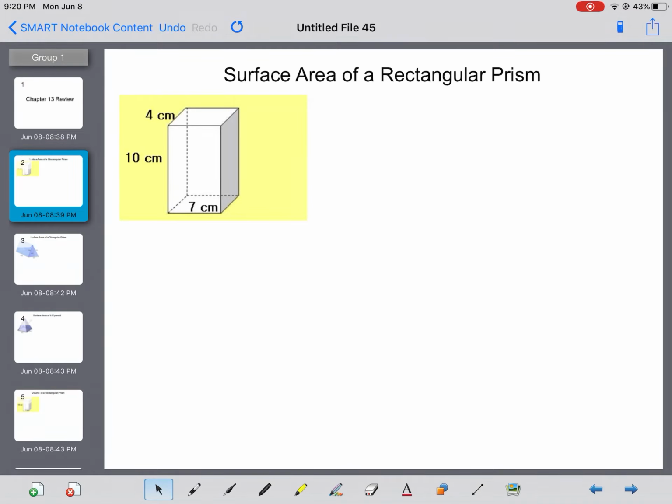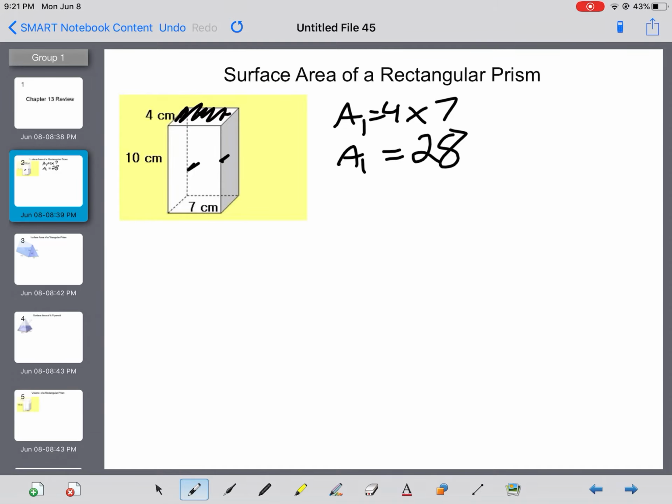So first one, if we're finding the surface area of a rectangular prism, remember you can think of it almost as 3 different areas times 2. So first I could find area 1, 4 times 7, which is 28. That's for that top square there.